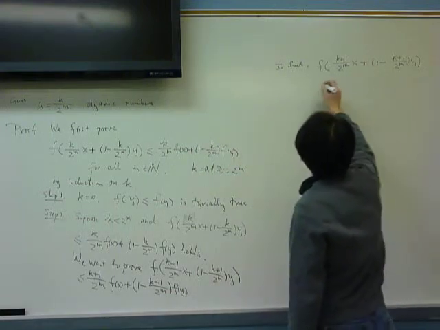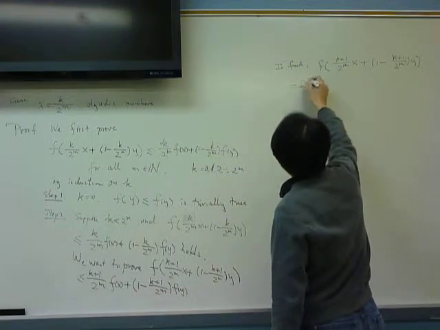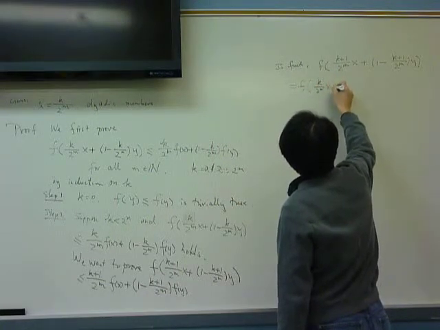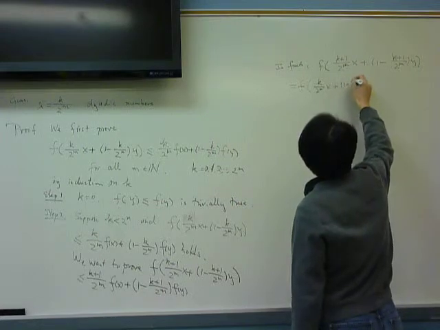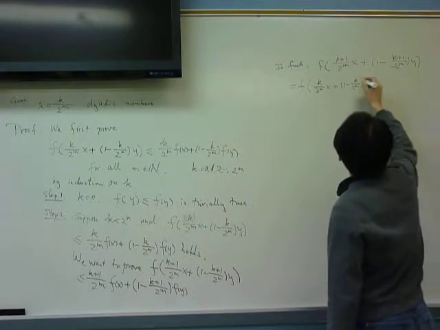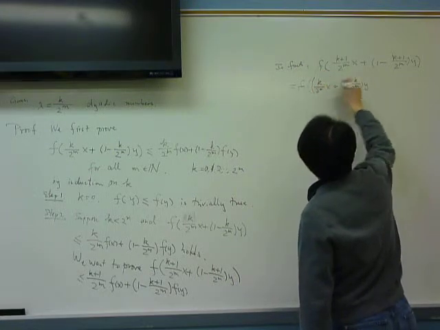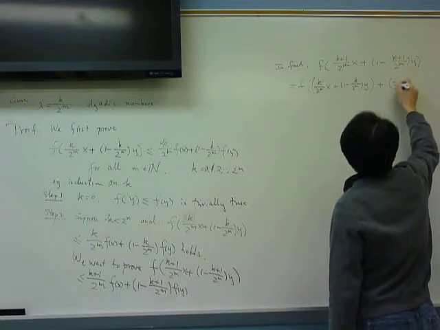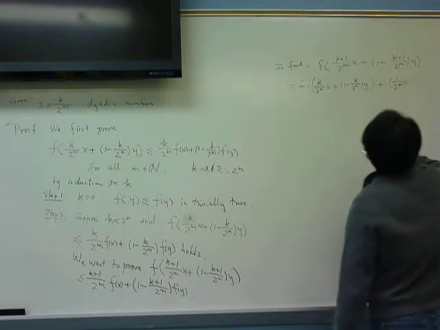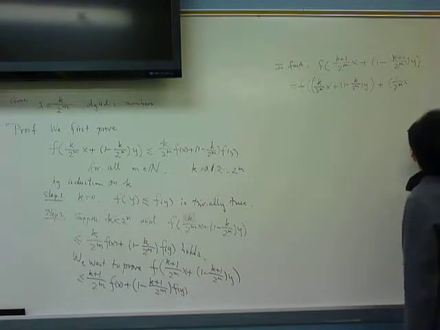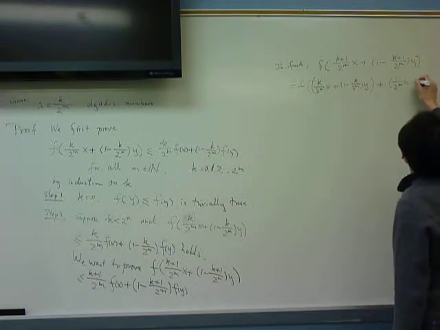Okay, up to here, so then I can rewrite this as f of k over 2 to the m x plus 1 minus k over 2 to the m y. So that's the first one. And then plus 1 over 2 to the m x minus 1 over 2 to the m y.